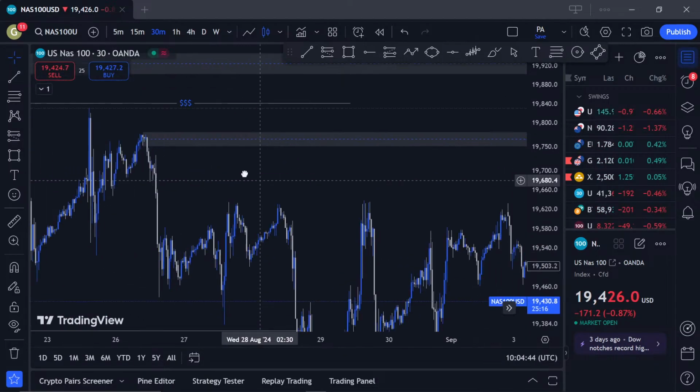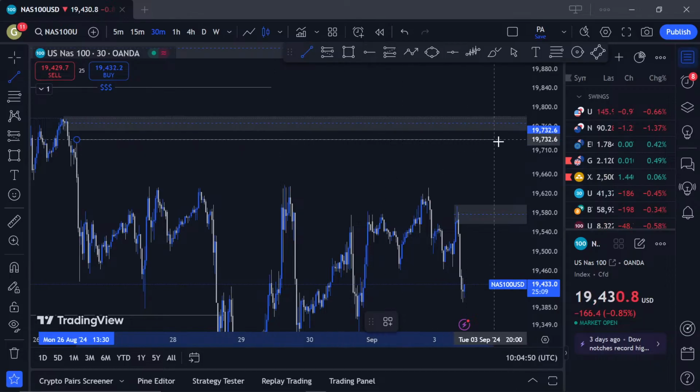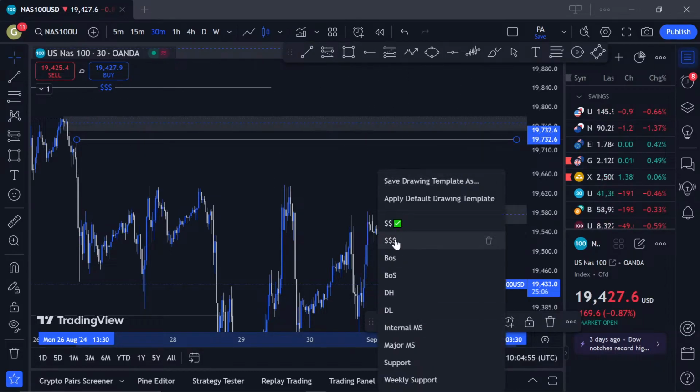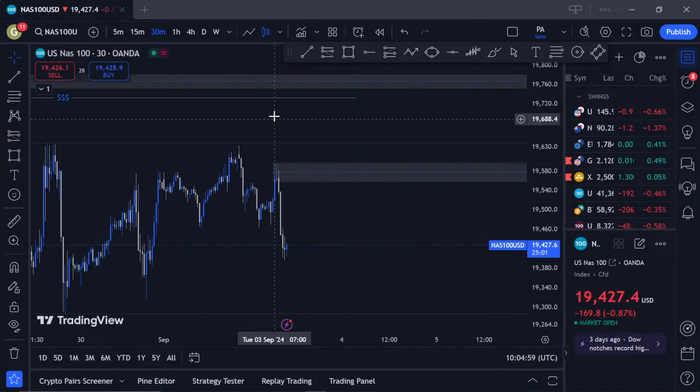So that's the liquidity for that level there. This is the liquidity for this level. We are still waiting for the liquidity for this other level here.